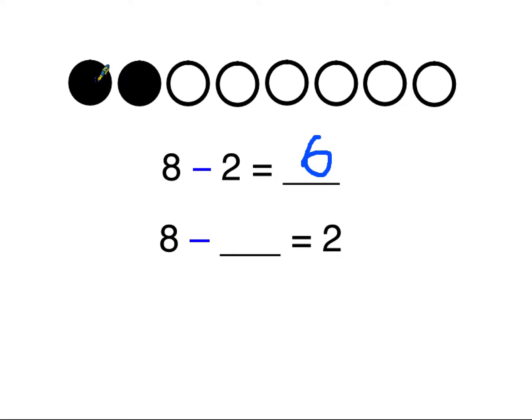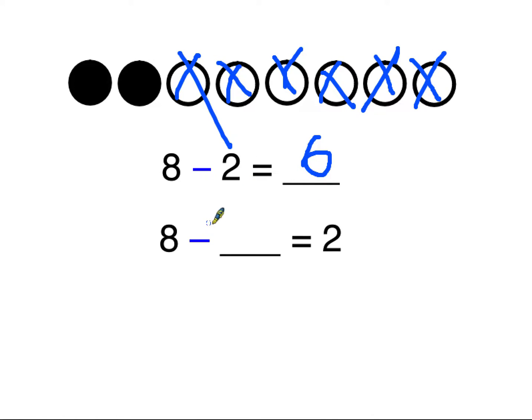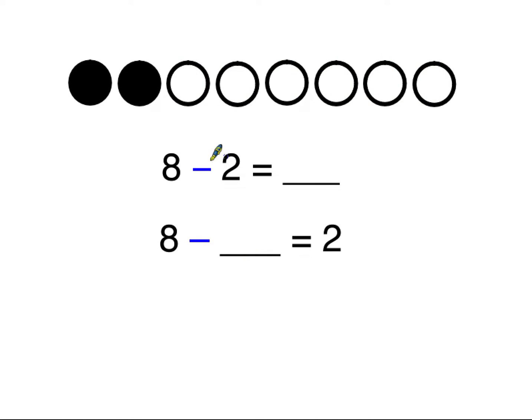Okay, so let's take away these guys. 1, 2, 3, 4, 5, 6. 8 take away 6 equals 2. Or you could do it the easier way. 8 take away 2 equals 6.